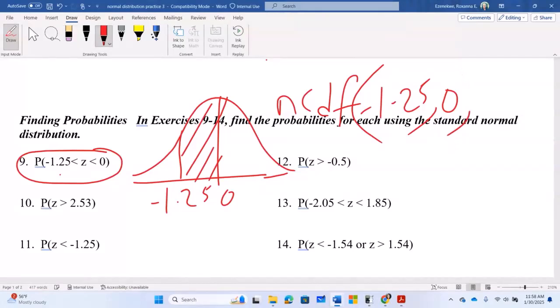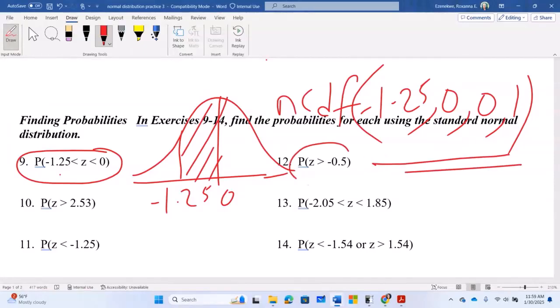The mean is 0. The standard deviation is 1. Then you calculate. Your calculator will give you the accurate number. I want you to know that this is the same thing as area to the right, greater than. This is the same as area to the left. So there's no big thing here.